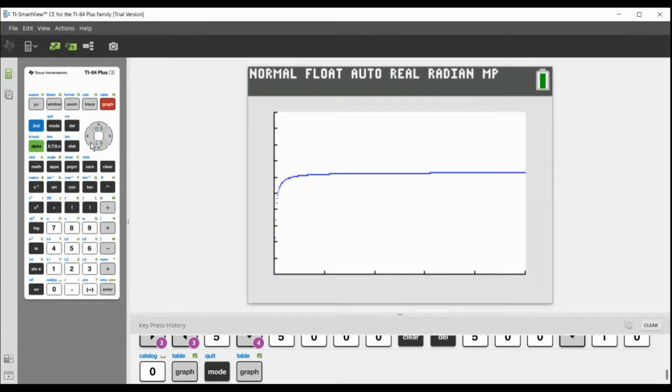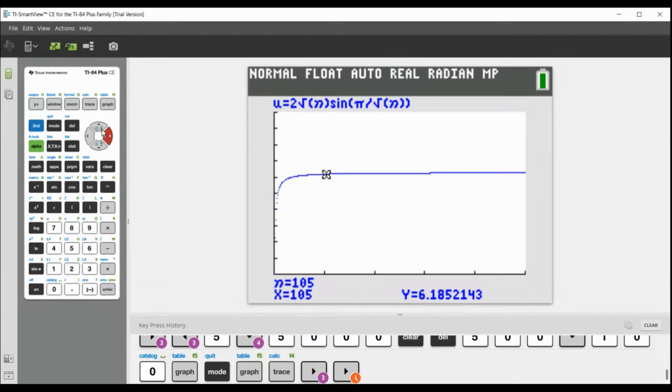But if I go to trace, and just move it along here. So now I'm past 100. This is the 105th value of the sequence. That's 6.18. Keep going.